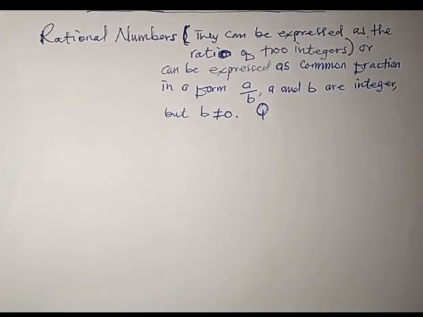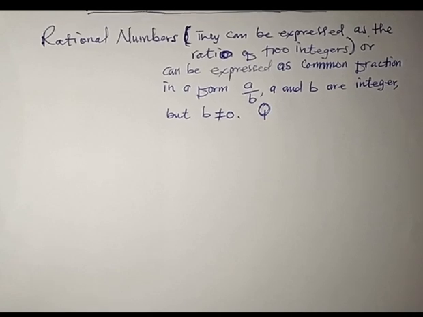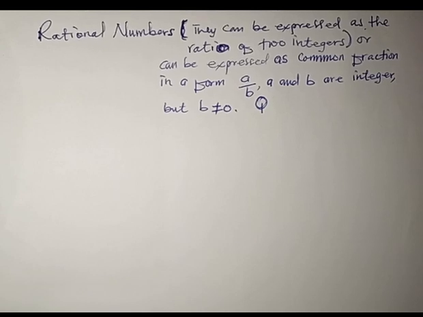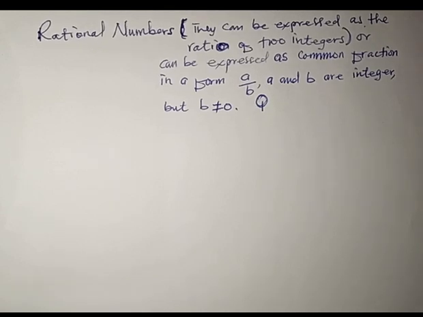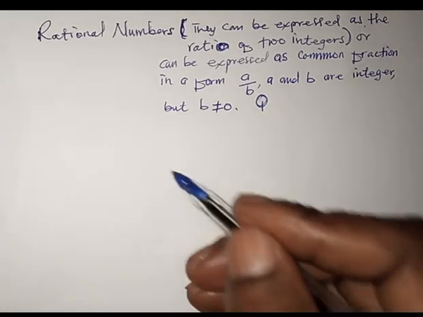All these fractions are examples of rational numbers. So let's write some of these common fractions as examples of rational numbers.